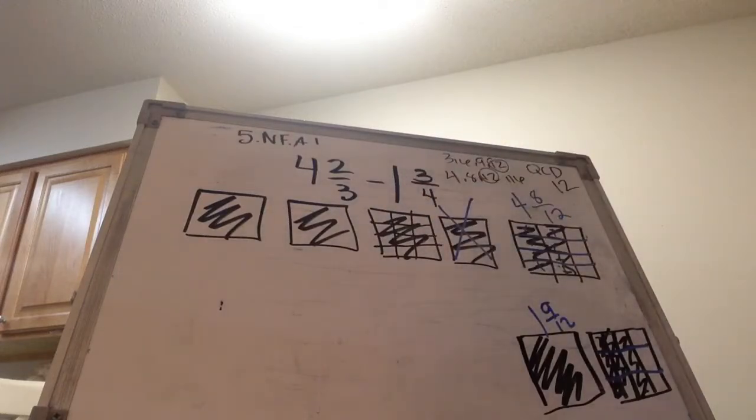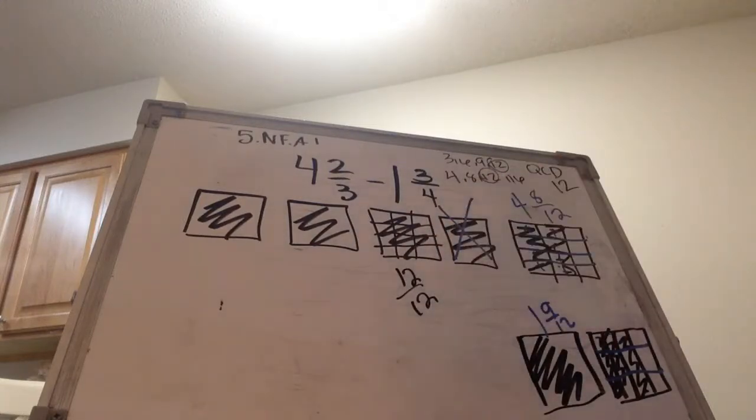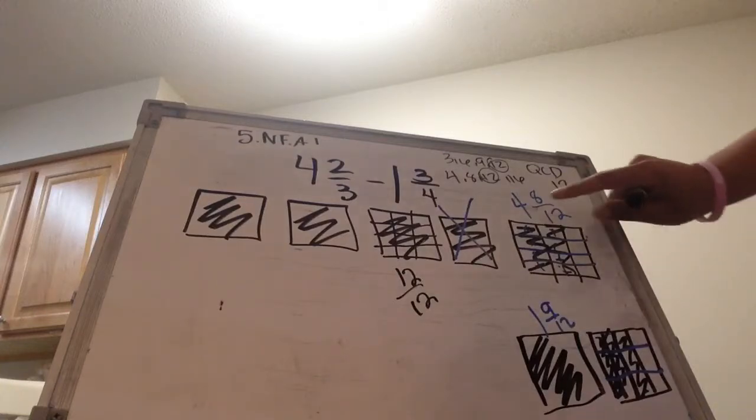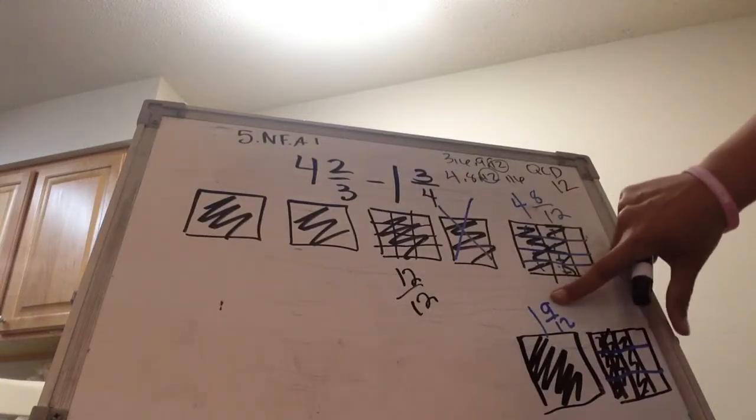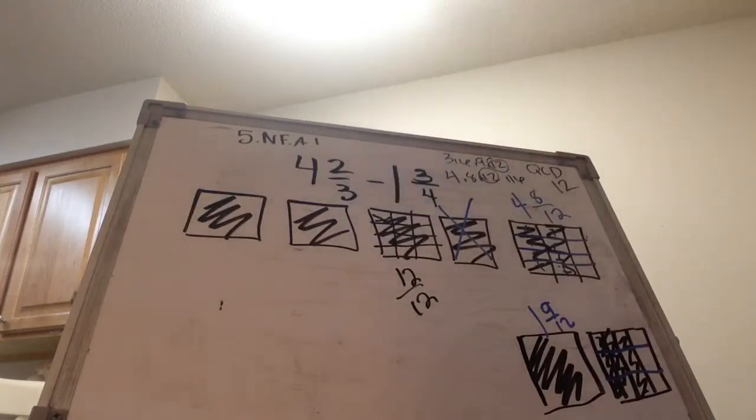And we know that 1 whole, the numerator and the denominator are the same number. So I have 12 12ths. So over here I subtracted 8 12ths. I need to subtract 9 12ths, so I just need to get rid of 1 more 12th.